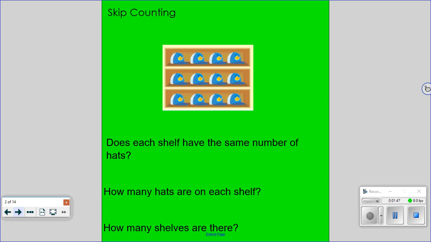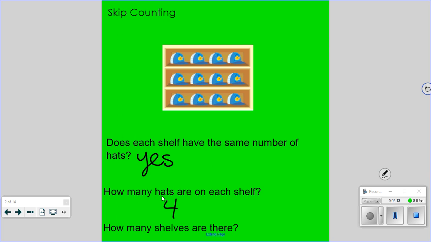First I want you to study this picture and tell me, does each shelf have the same number of hats? Well, looking at it, yeah, each shelf has 4 hats. How many hats are on each shelf? We just answered that question. There are 4 hats on each shelf. How many shelves are there?